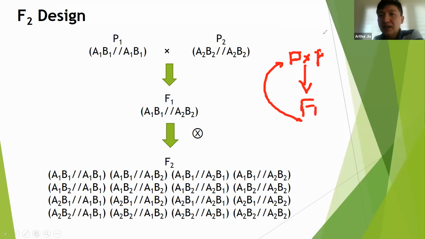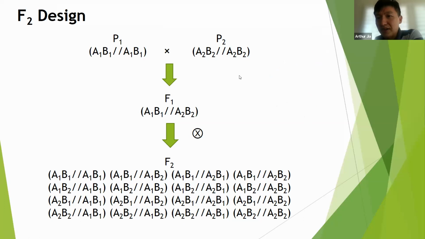Now this is another design commonly used, and I will show you why this one is more powerful than the backcross. The F2 is more powerful in terms of statistical power. This F2 design is better than the backcross design.